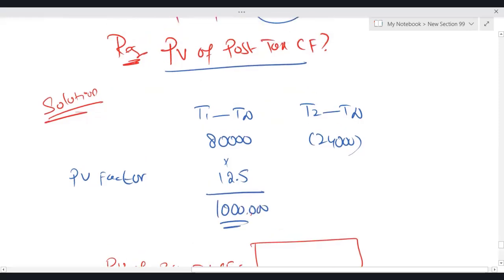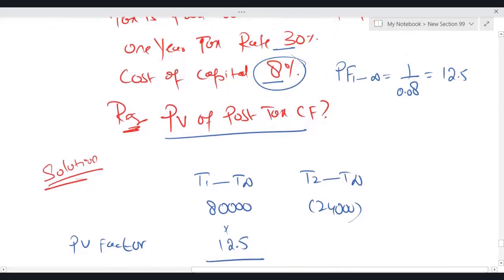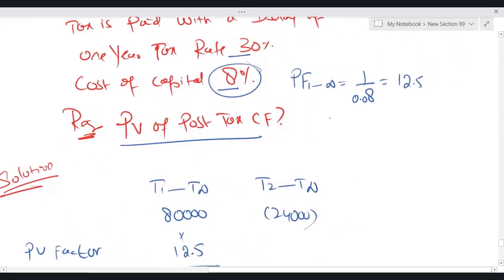Now we need the perpetuity factor from T2 till T infinity. We have already calculated the PF from 1 till infinity, which is 12.5. Now simply deduct the discount factor of the first year. Basically the discount factor and annuity factor of year 1 are the same.